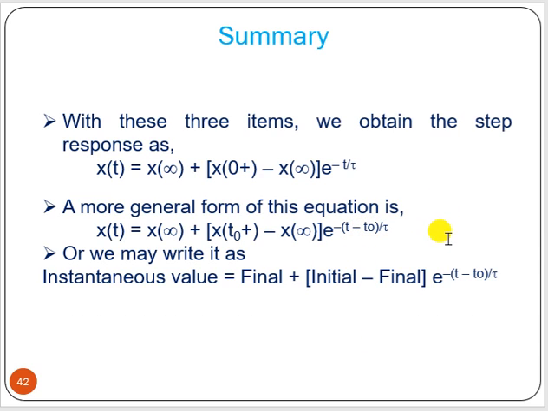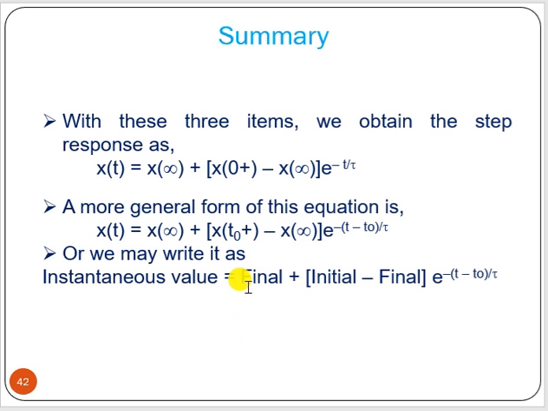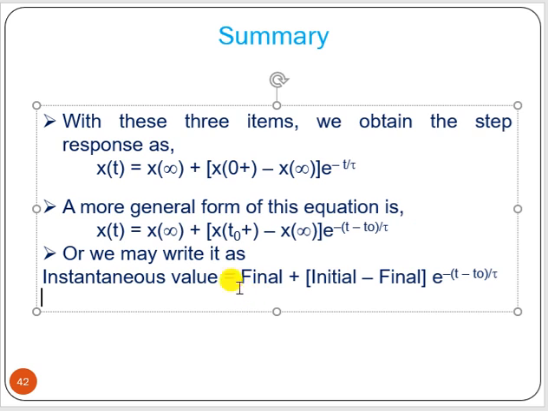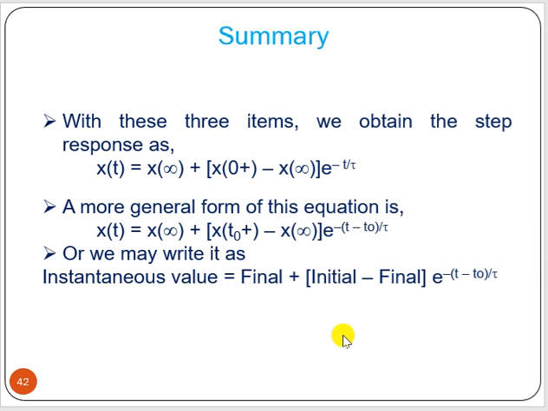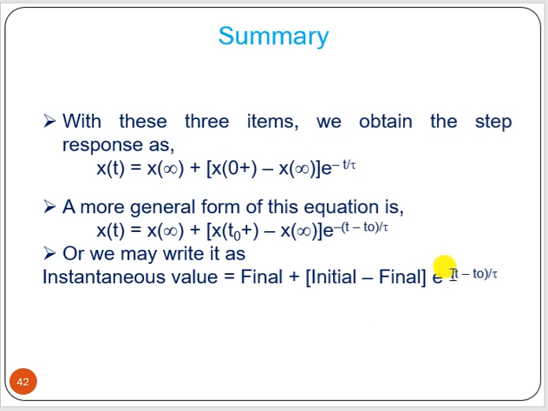If the switch is closed at t equal to 4 or 3, then you have to put that value here as t0. So we may write this as: the instantaneous value of voltage or current is the final or steady state value plus the initial value, that is before, t less than 0, minus the final value, times e to the power minus (t minus t0) by tau. This is the step response we can get.